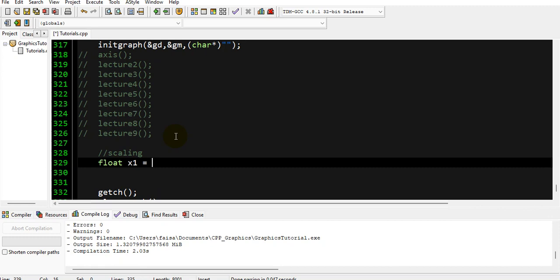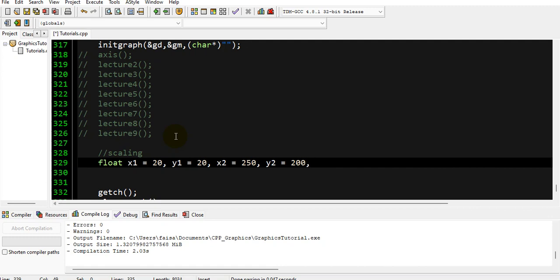So x1 will be 20, and y1 will be 20, and x2 will be 250, and y2 will be, you can say, 200, right?